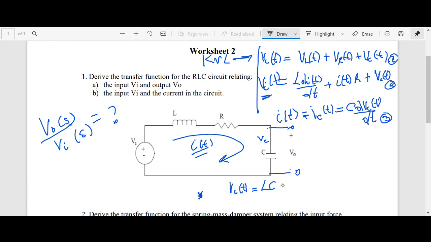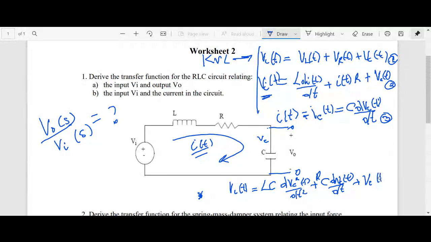Are we seeing that? dVC of T dt, double derivative, plus C dVC of T dt times R. I should have put the R before here, so all right, that's cool.